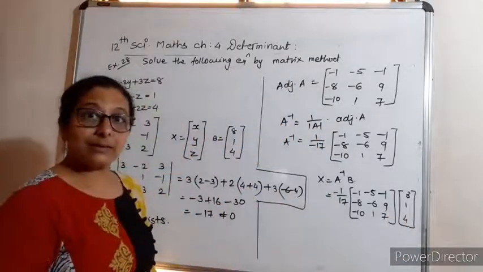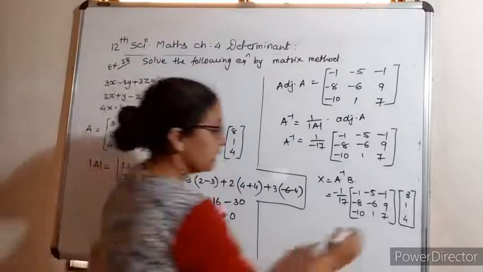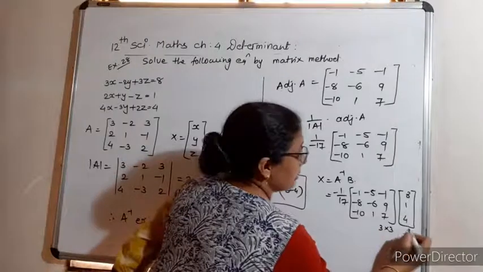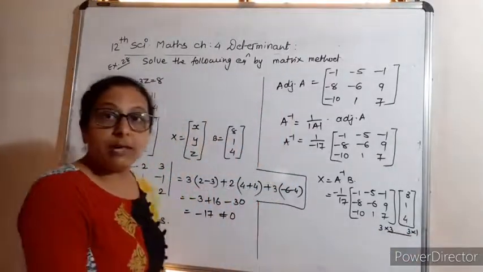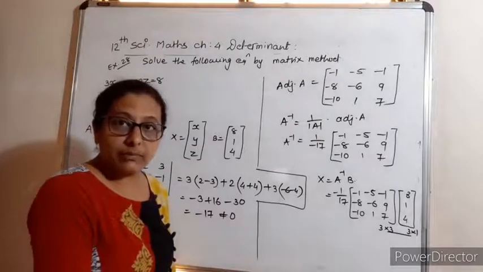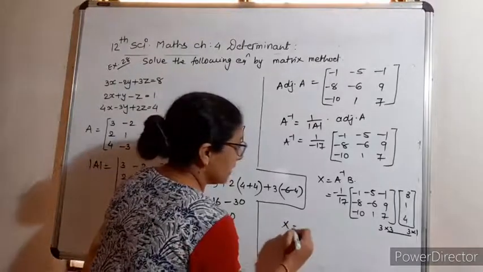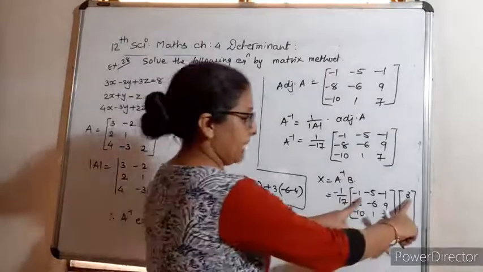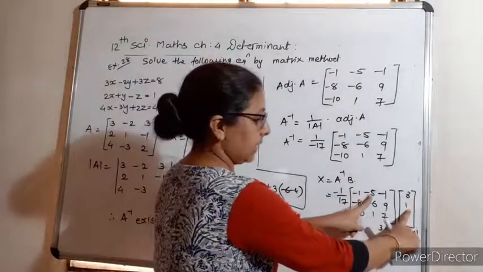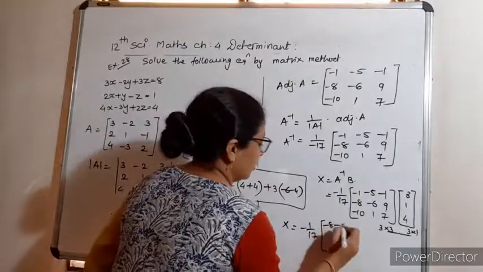Now you know that this matrix product here is 3 cross 3 and this is 3 cross 1. So we get the answer 3 cross 1, right? That is X is equal to here minus 8, minus 5, minus 4.